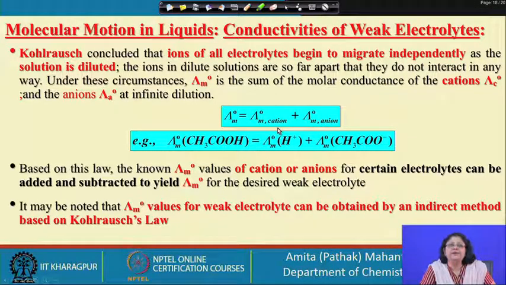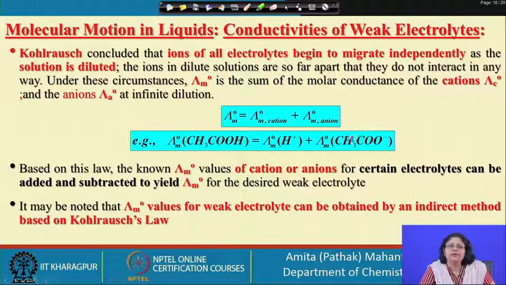Now, if I say that this is for the weak electrolyte, which is not completely dissociated, we can write this in the form of these expressions. According to the law, we can write it as dissociating into H plus and acetate ion.